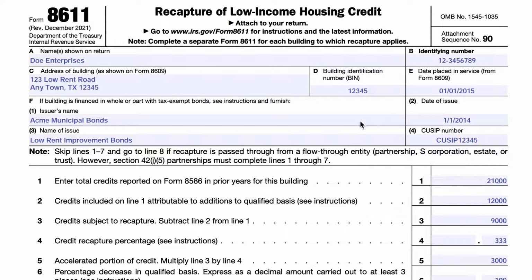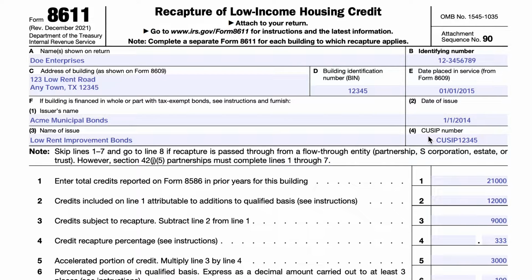In this case, it looks like we issued some bonds and put this building into service a year later. There was probably that one year space just to identify and acquire the building, and then be able to purchase it. And then the name of the issue, and the CUSIP number, which is the number that uniquely identifies one type of fixed income security from another.